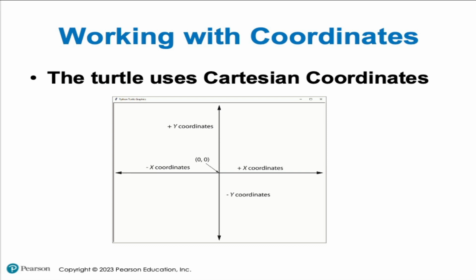As far as coordinates, it uses X and Y coordinates. Again, the center of the screen is 0, 0. Across the horizontal axis we have X coordinates, and along the vertical axis we have Y coordinates, and any number specified in those coordinates is in pixels.